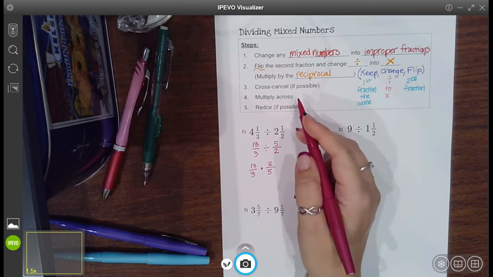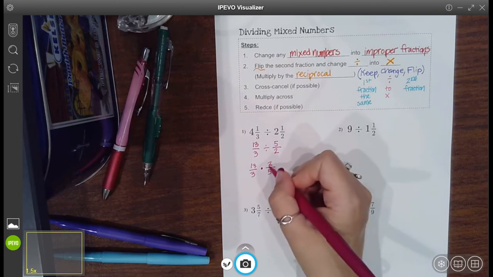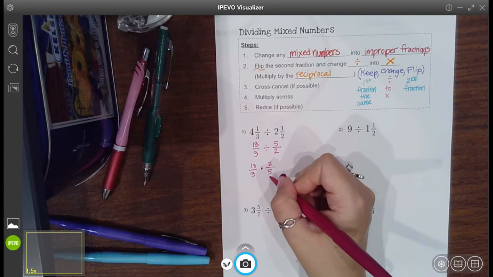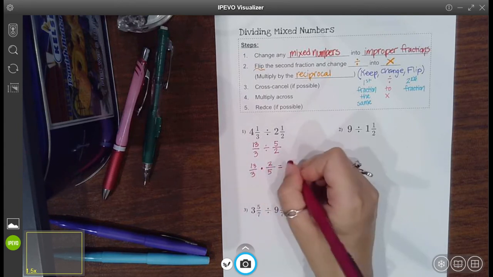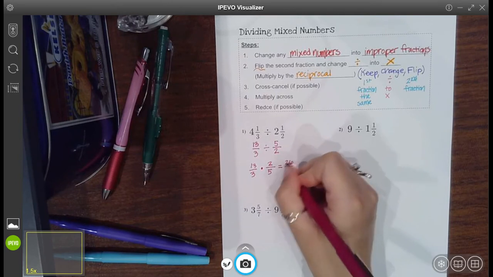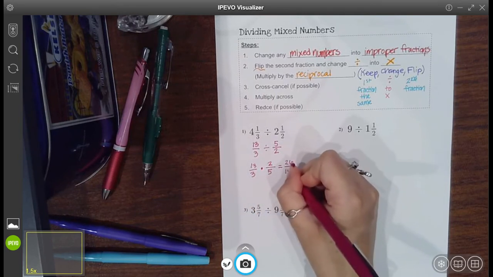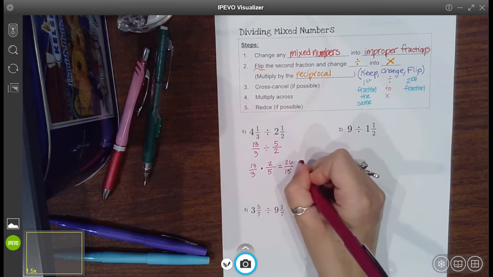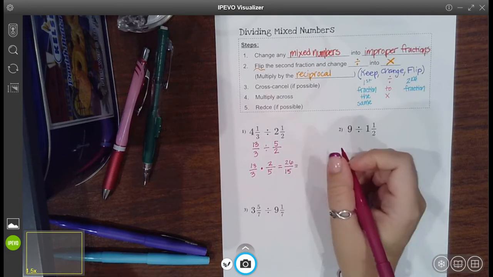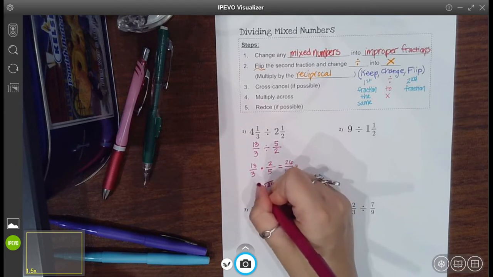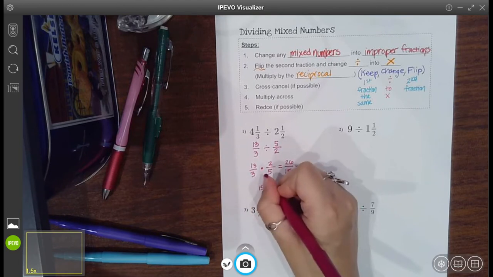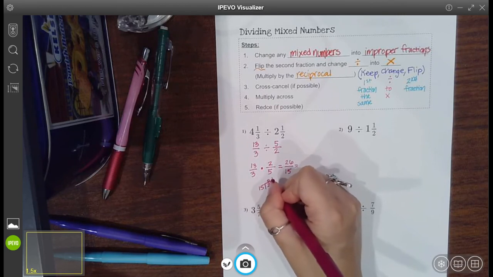Now I look to see if I can cross cancel. No, no. Multiply across. 13 times 2 is 26. 3 times 5 is 15. Okay, and then can I reduce it? No, but I can simplify it by taking the top and dividing it by the bottom. 15 goes into 26 once.